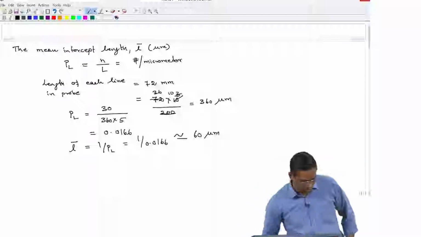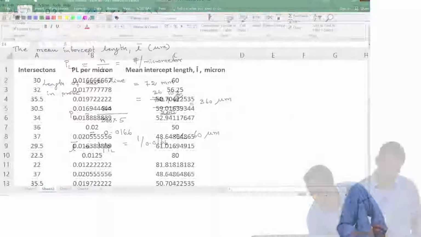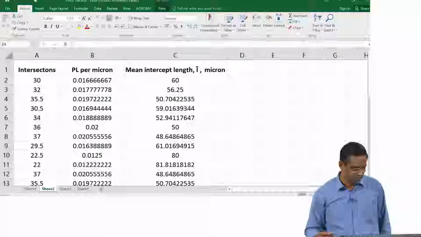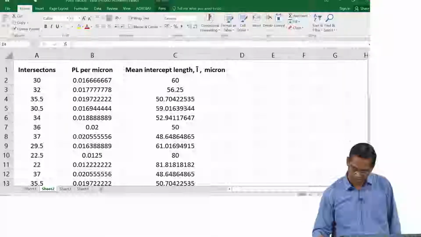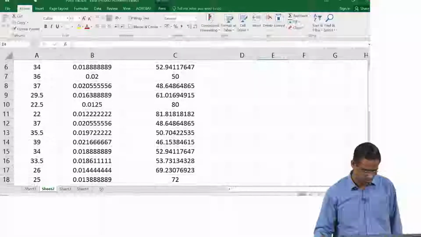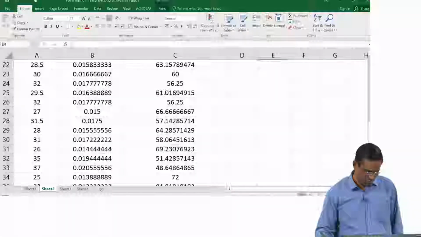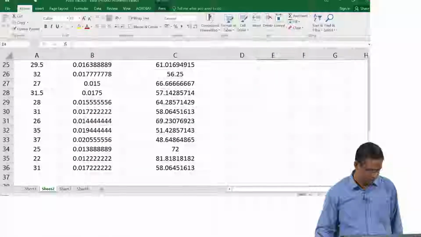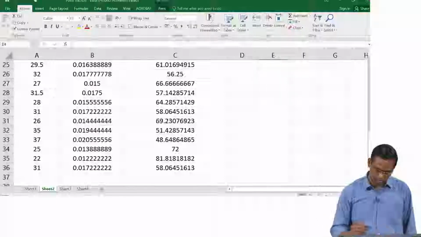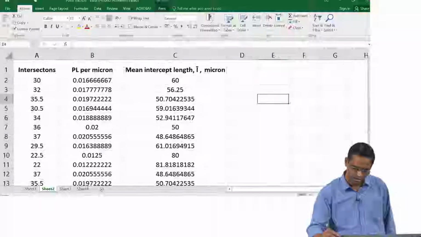Now, I will show you what I have done for about 35 measurements. For 35 measurements I have done this.